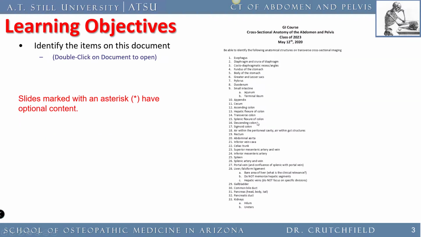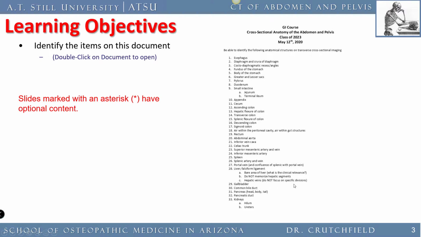You can double click on this and download it as a Word document. Slides marked with an asterisk have some optional content, and we'll go through those, and I'll make sure that we've pointed out what's important for you to know. I did make a note here that the hepatic veins, don't focus on the specific divisions of the hepatic veins, but we will look at them, and I will go through them.